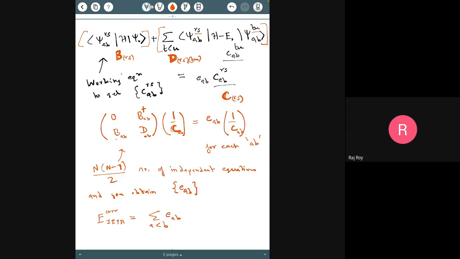But here, the correlation of every pair of electrons is independent of the correlation of the other pair. And after you solve these separate equations, you just add the individual pair correlation energies to get a total correlation energy. Okay, so it's also called a pair at a time CI sometimes. So is it clear now how it is different from CI?